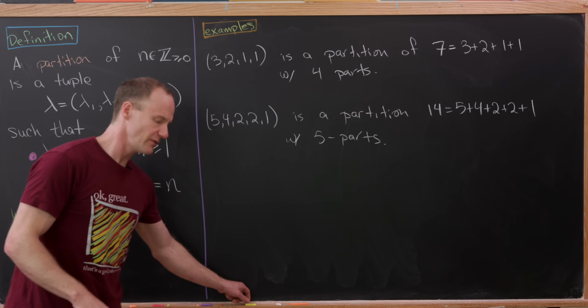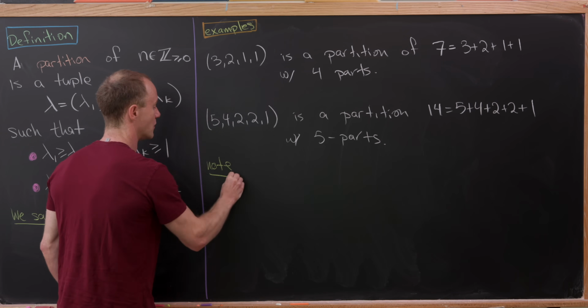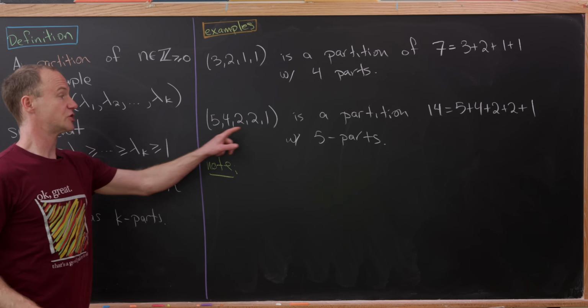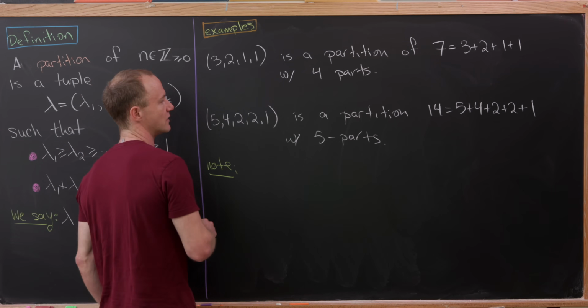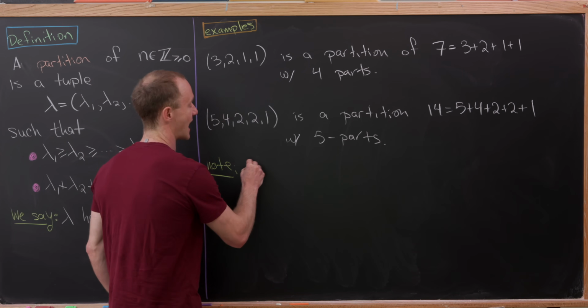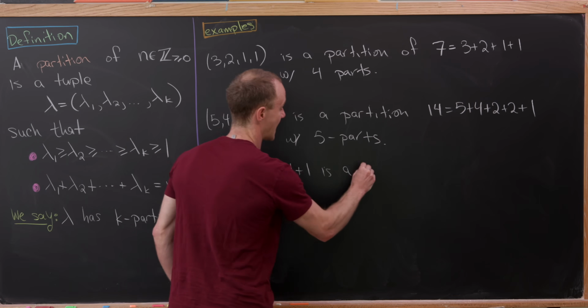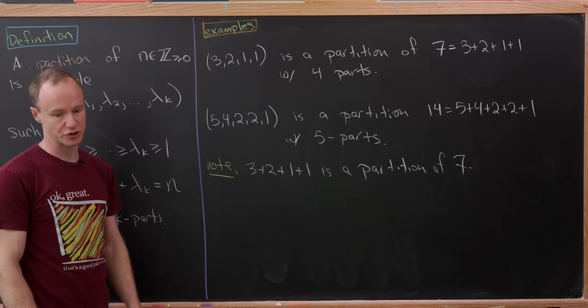Now, maybe before we move on, let's just briefly note the following. Instead of writing the tuple, we often just write the addition problem. So in other words, we would say that 3 plus 2 plus 1 plus 1 is a partition, instead of writing it like the tuple.